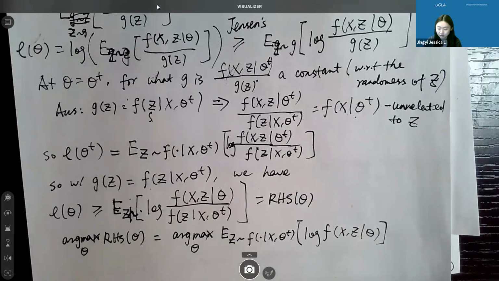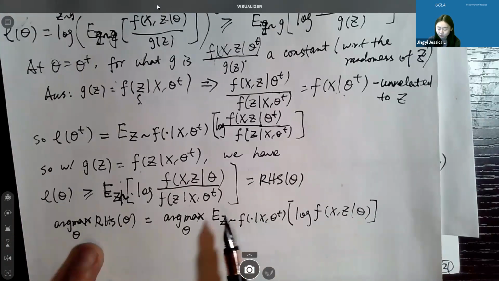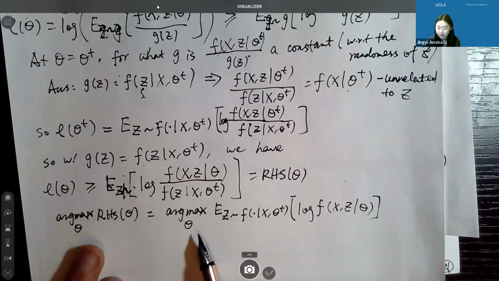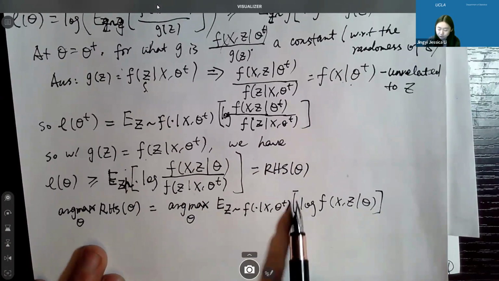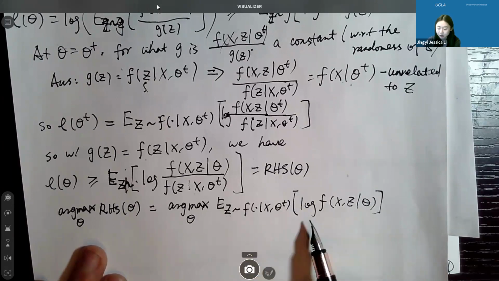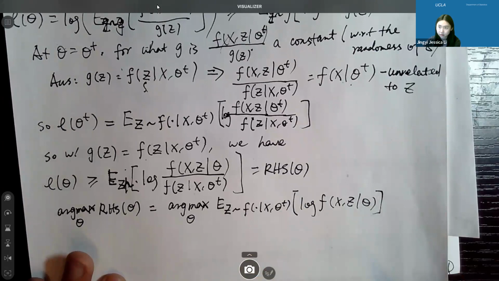And then we maximize the lower bound. Here, the lower bound to be maximized turns out to be maximizing the expectation of z, conditional on x and theta t, of this complete log likelihood.